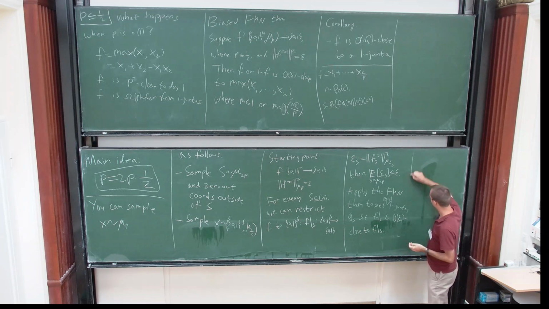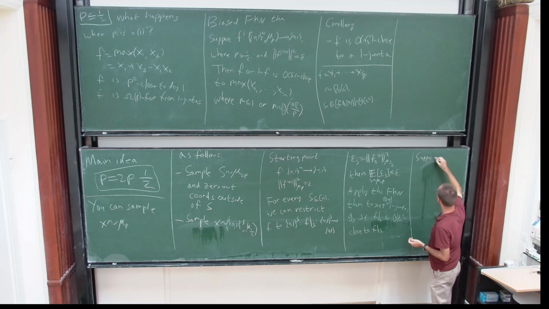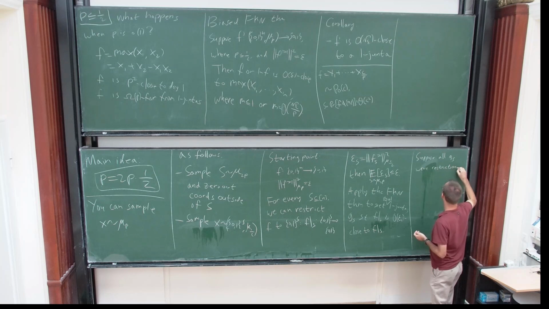Okay, and now suppose all g_S were the restrictions of some function g from 0, 1 to the n to 0, 1.